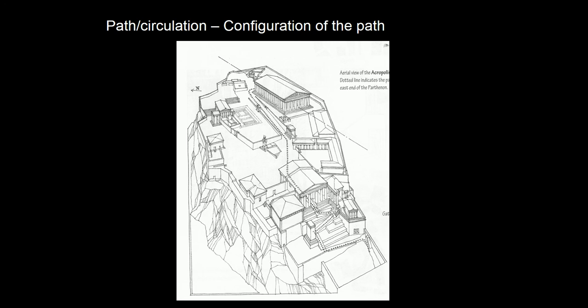But there was this path that led up to the Propylaea, and the Propylaea was this gateway, and you entered in. And then, rather than walk straight up to the Parthenon, the entrance to the Parthenon, I believe, faced east, and so you came all the way to the back side of it to enter into the temple. Well, for the priests to enter into the temple.